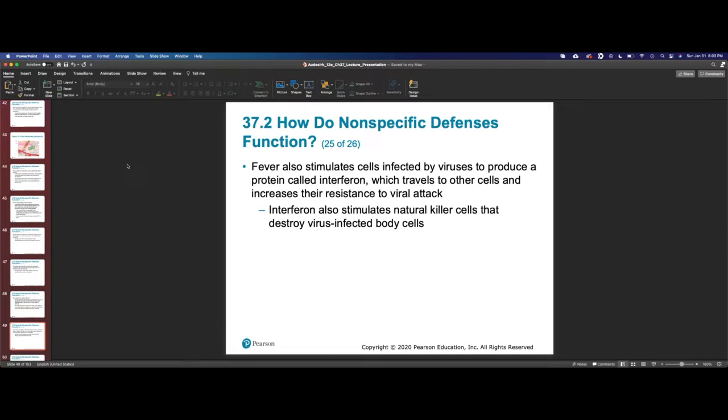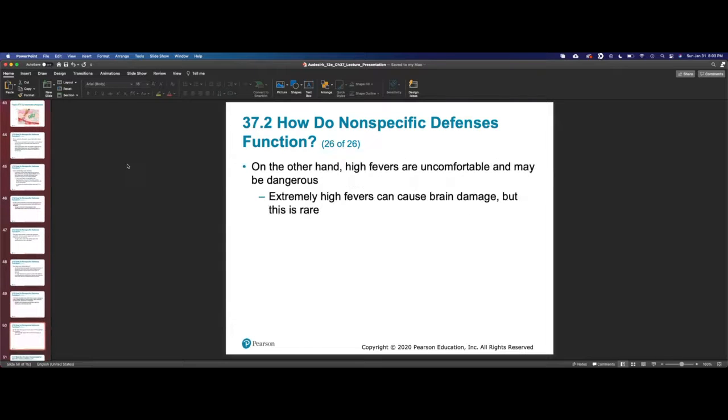And so it can also help against viral infections by the triggering of an interferon protein, which will stimulate natural killer cells, which are, again, involved in dealing with infections inside of cells as opposed to infections outside in the bodily fluid.